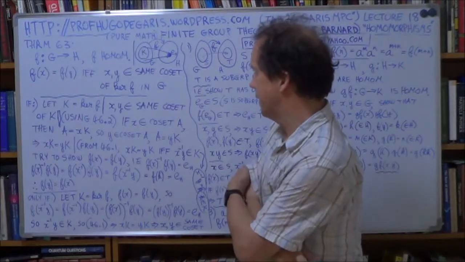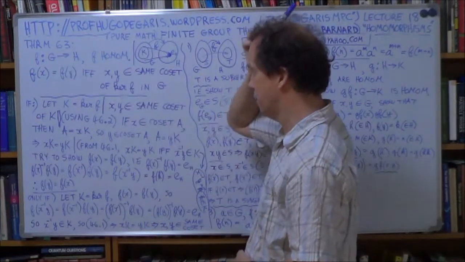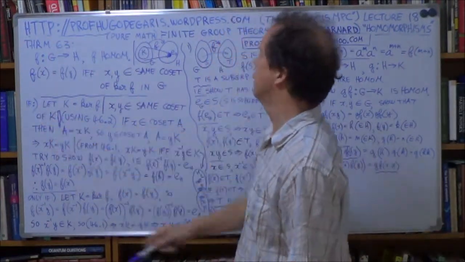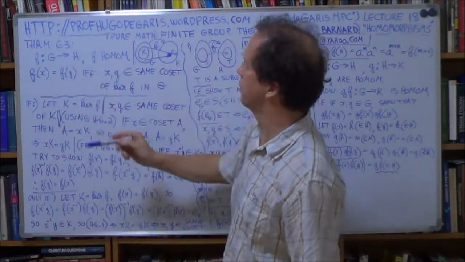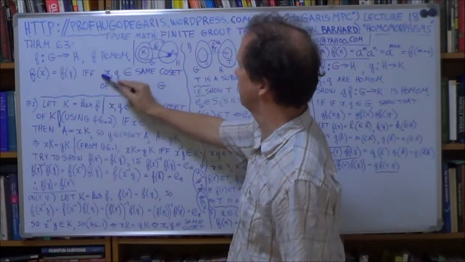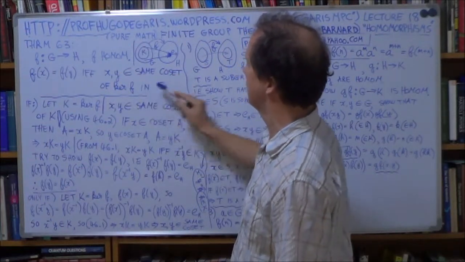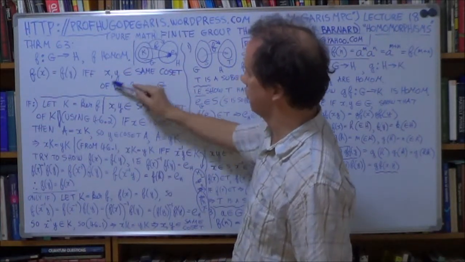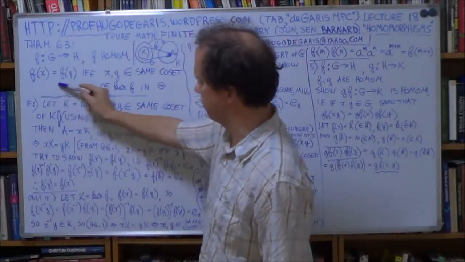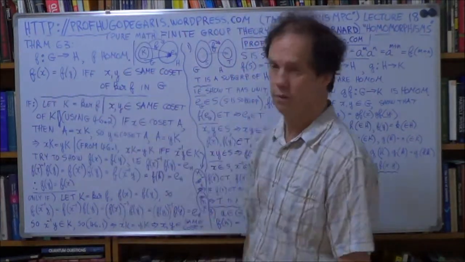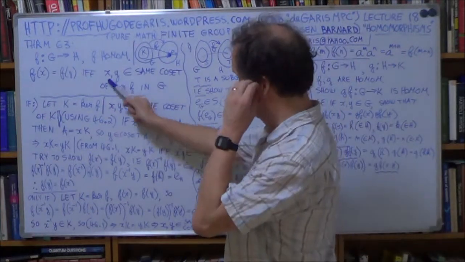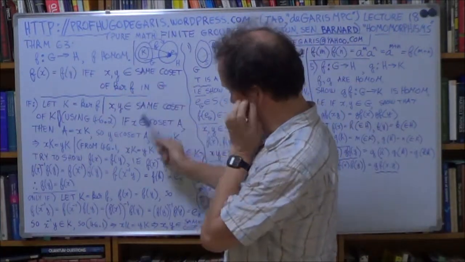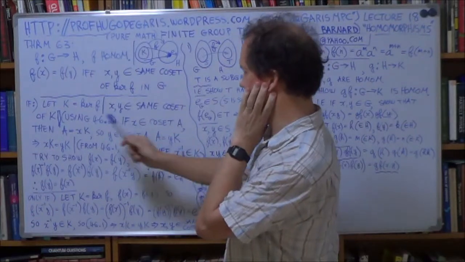Now it's an if and only if. So as usual, start with the if side. That means we go from right to left. So we start with these two belonging to the same coset of this normal subgroup ker f, and we have to prove that these two are equal. Okay, so we'll start with this. We're given that x and y belong to the same coset of K.